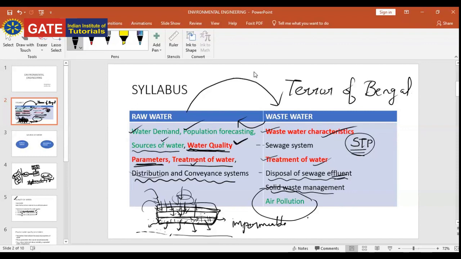Got it? We call it a liner. What is it? Liner. So liners will be provided so that there will be no leaching from the base towards the ground. Got it? So in such a way, we'll be able to conserve the soil and groundwater over that area. So we should give a proper liner in a landfill.